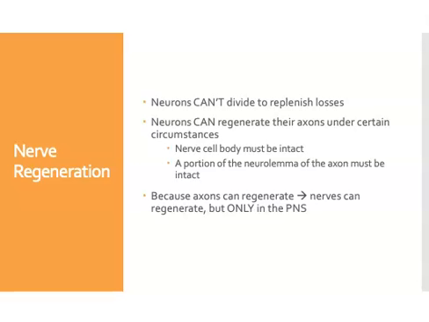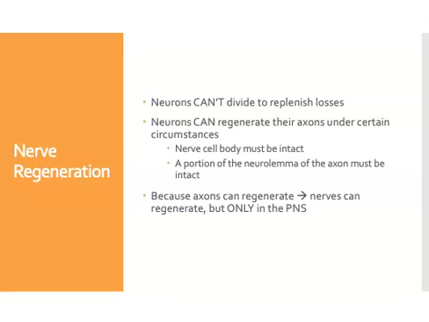So if a neuron dies, it's gone. You don't see cell division replacing that individual neuron. But neurons can regenerate their axons under certain circumstances. We need the cell body, the neuron cell body, to be intact.